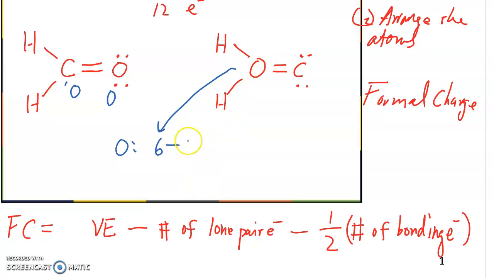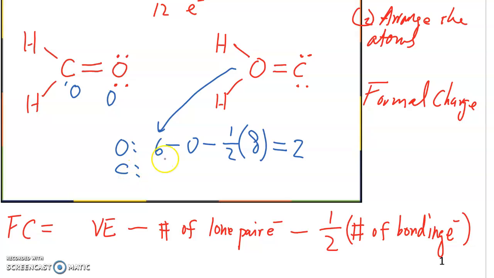There are no lone pair electrons, so minus 0, and then minus half times the bonding electrons. There are 1, 2, 3, 4, 5, 6, 7, 8, so there are 8 bonding electrons. That means it is 6 minus 0 minus 4, which is equal to 2. That's a positive 2.